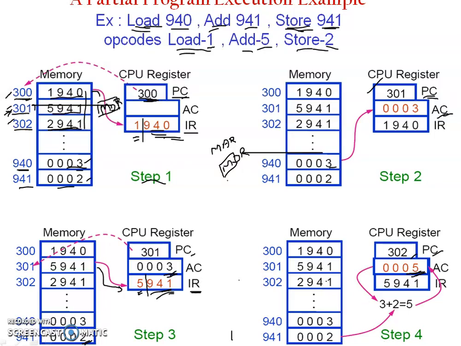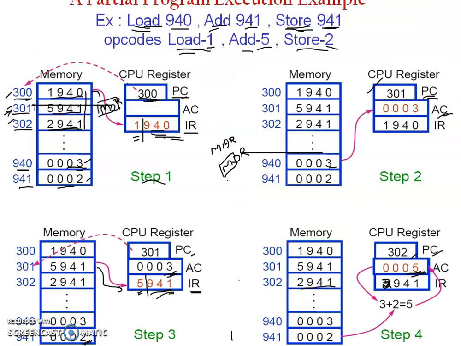So that 2941 will be placed in MDR, and from that MDR it will be moved to IR. So here it is 2941. Okay, here the next step is in the next slide.